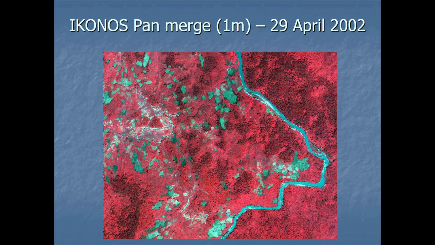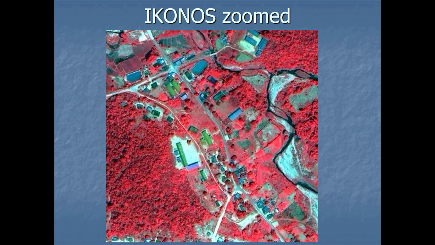There's also an urban area in this image, and if we zoom in on that, you could see that this type of image could be used for urban analysis. You could get detailed analysis such as amount of pervious versus impervious surfaces. So impervious surfaces would be your roads, your roofs, and urban areas like parking lots. You could also use this type of imagery for flood analysis and vegetation purposes.